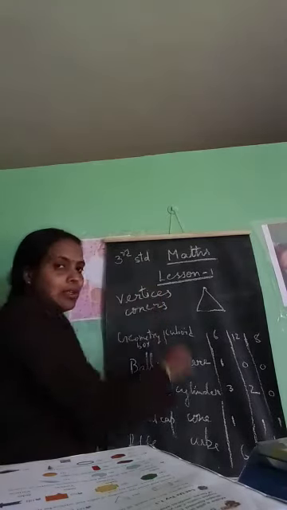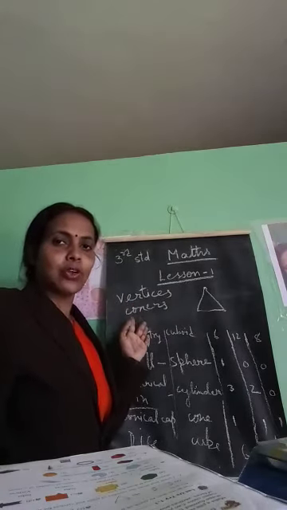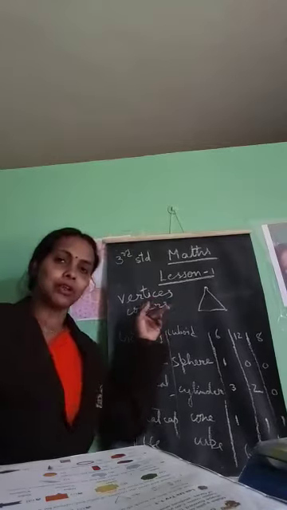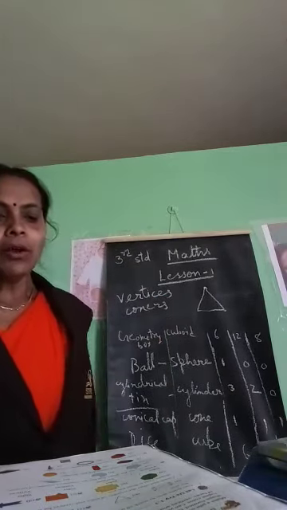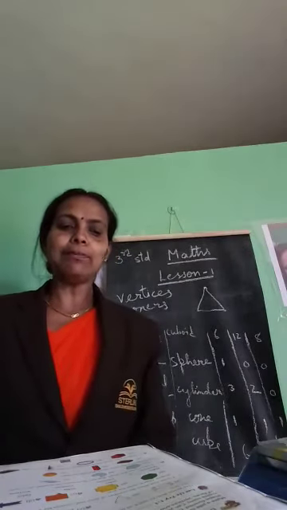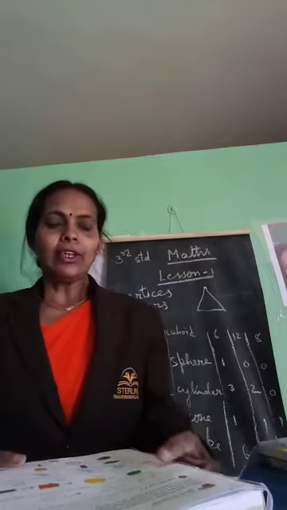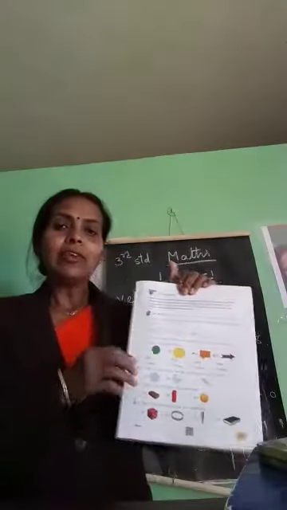Okay, the meaning is the same. If you say corner or vertices, the meaning is same. Vertex, that is corner. Vertices, more than one corner, so we say vertices. Okay. Now you have to write. These are plane figures, plane shapes, and you have to write the number of sides and vertices.